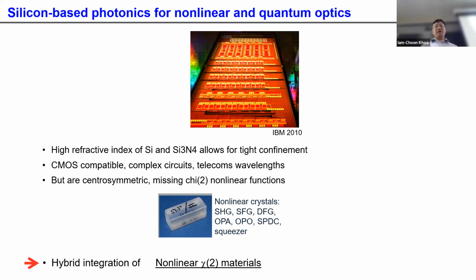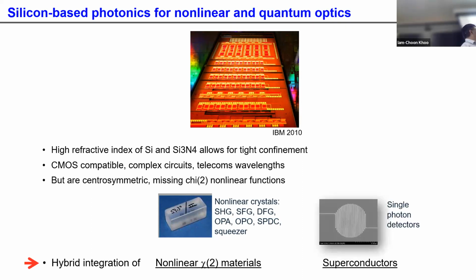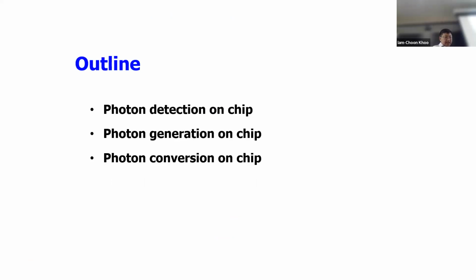To manipulate the photon and to realize microwave circuits, we also need to integrate superconductors on a chip. So all my work involves integrating some of those materials on the silicon photonic platform. In the context of manipulating photons on a chip, we need very efficient detection of photons and a very efficient photon light source, generating entangled photon pairs.